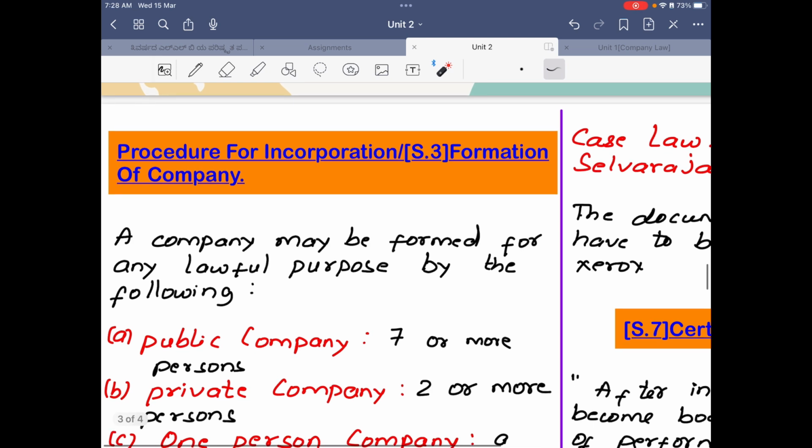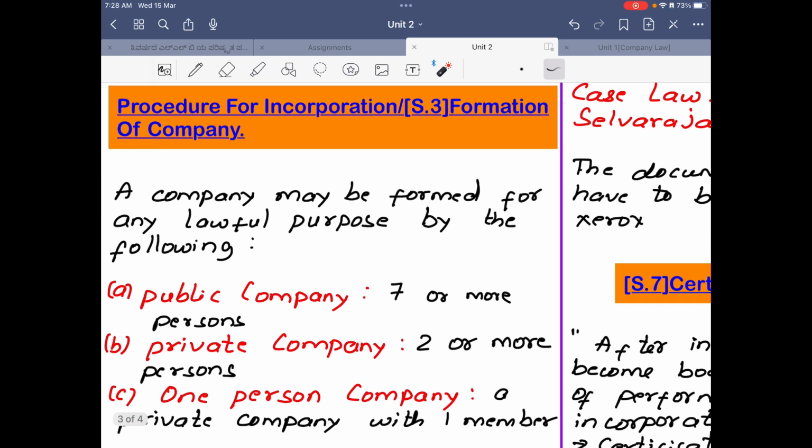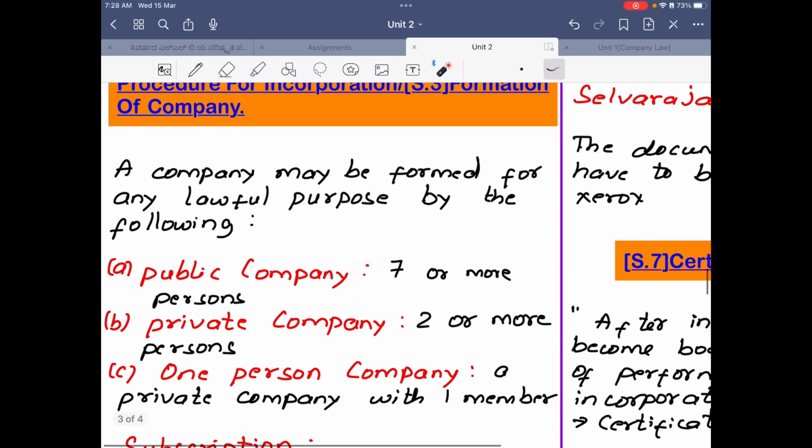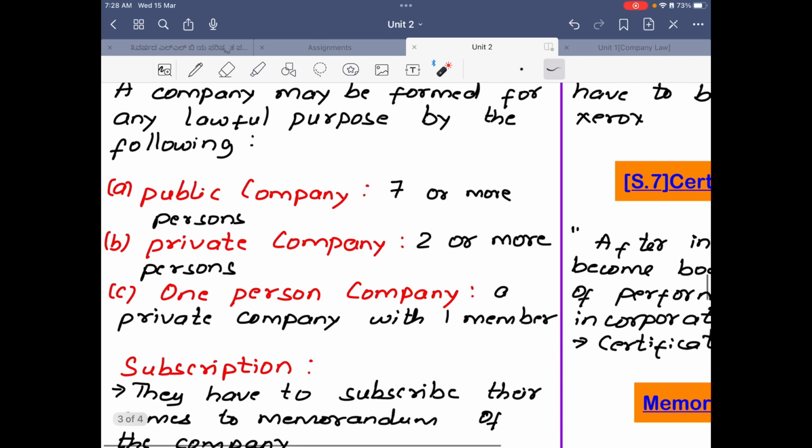So what is the procedure for incorporating a company? A company may be formed for any lawful purpose by the following. First, a public company: we need 7 or more members.